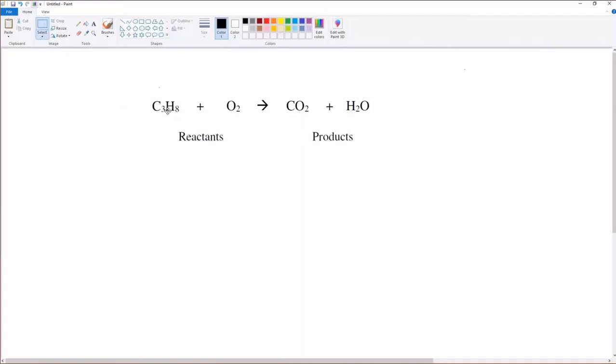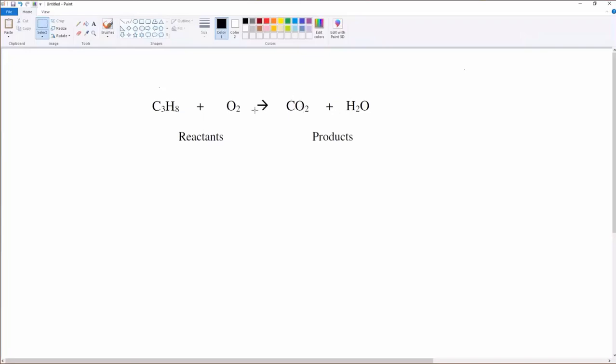So reactants go to form products, and this little arrow is just showing you what direction this reaction is going. You can tell this is a chemical reaction because we're changing the identity of the species here from one thing or two different things to two different things, right? Their identity actually changes. Here I have propane and oxygen, and those go to form carbon dioxide and water.